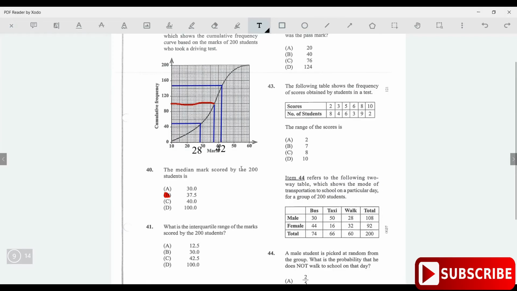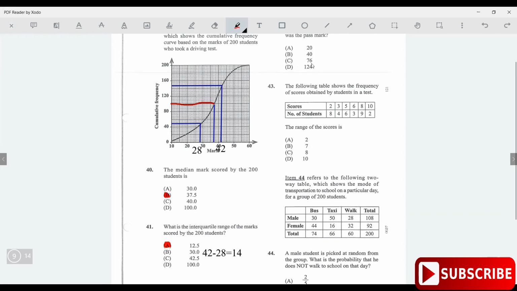And so the interquartile range is now equal to 42 minus 28, which is 14, but mine wasn't so accurate. And so the interquartile range is 12.5. This is probably not 28, this is probably 41, but it's 12.5.